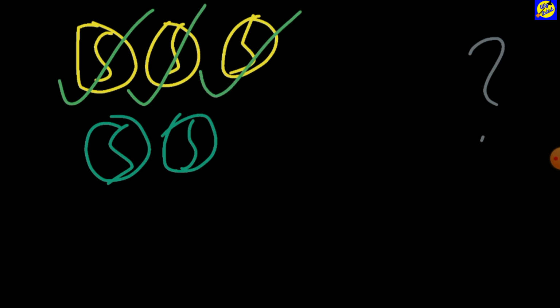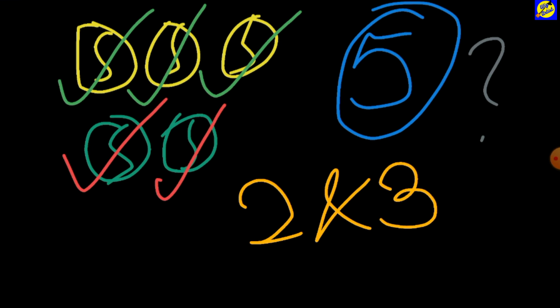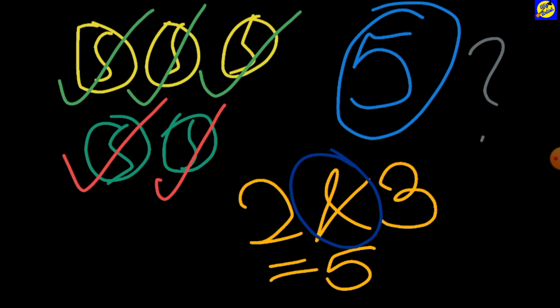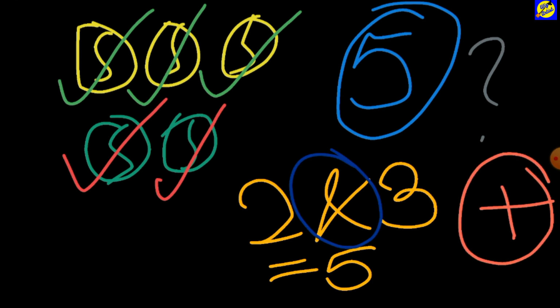Now, how many balls does your friend have? If we count alongside, 1, 2, 3, 4 and 5. He or she has 5 balls. Okay, thus we can say that 2 balls and 3 balls is equal to 5. So this, in mathematics, is the addition. Understood?